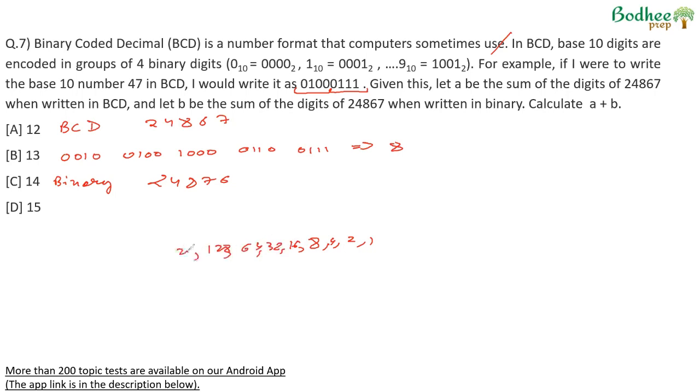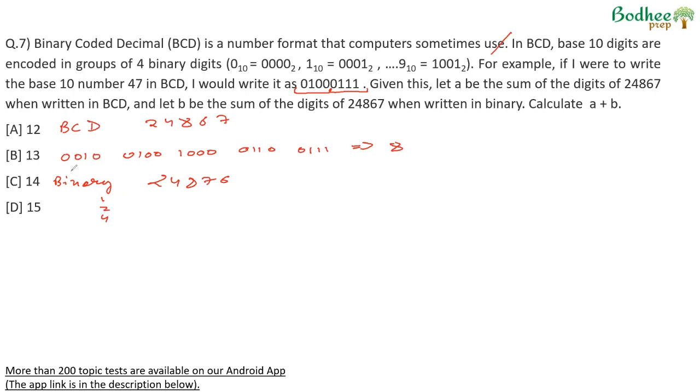2 raised to power 8, 2 raised to power 9, 10, 11, 12. A little difficult to write. Rather than horizontal, let me write it vertical, probably would be easier to do. So I am writing the numbers in the vertical from the last digit. So the digits will be 1, 2, 4.